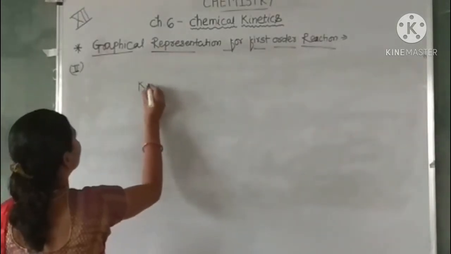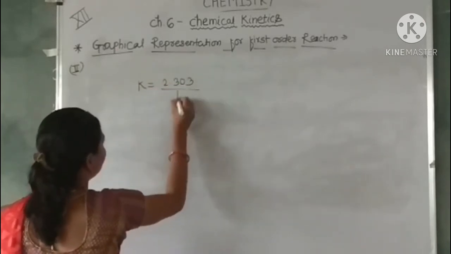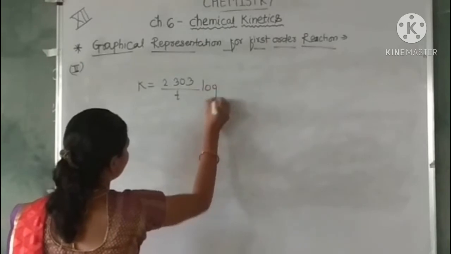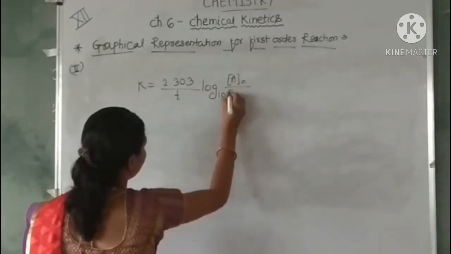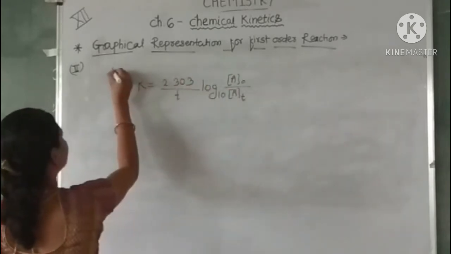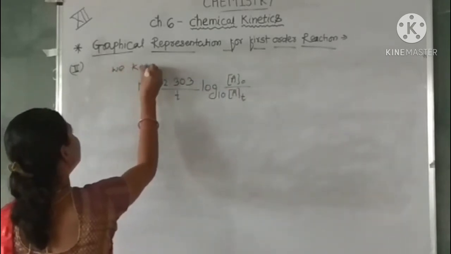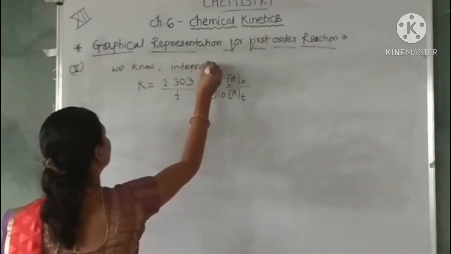K is equal to 2.303 upon t log to the base 10 initial concentration upon final concentration, or A0 upon At. We know the integrated rate law.